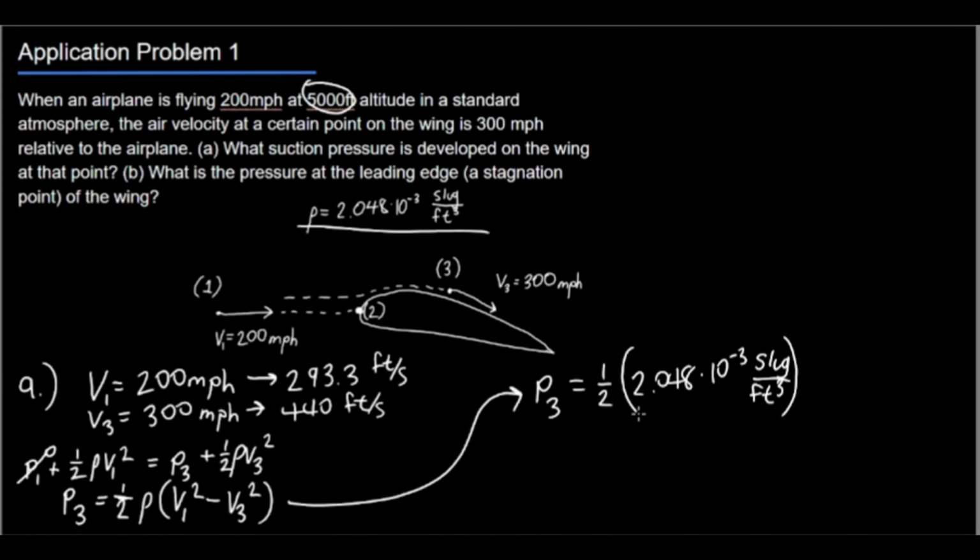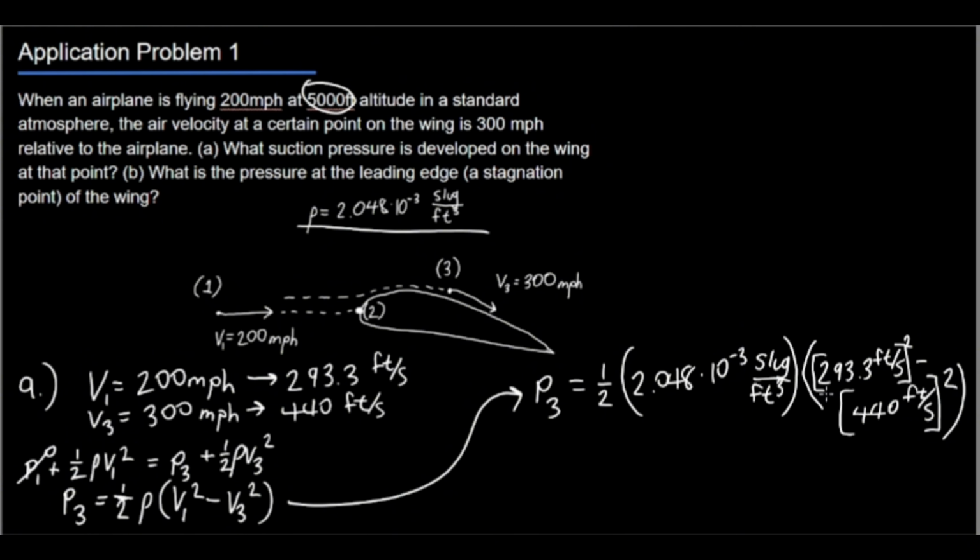And then this will be multiplied by the difference in squares between our velocities, which is 293.3 feet per second, squared, minus 440 feet per second. Sorry, not feet per second squared. Feet per second, and then the whole quantity is squared. And so we could put brackets around here just to make that real obvious.